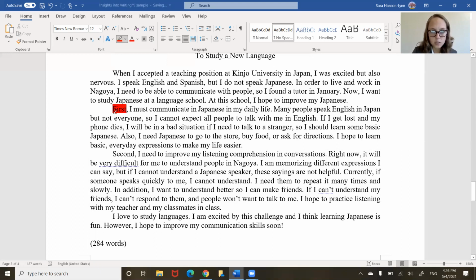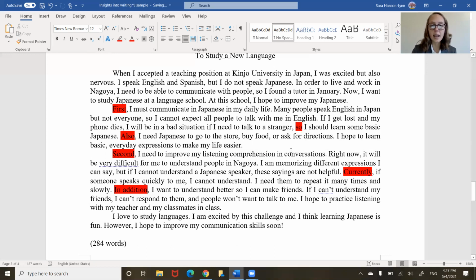So I've got first, so, also, currently, in addition. So go to yours and highlight your transition words. Those are my transition words.